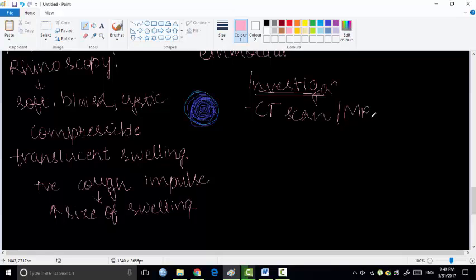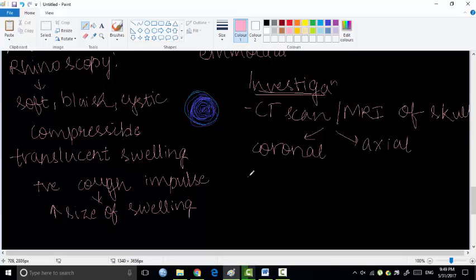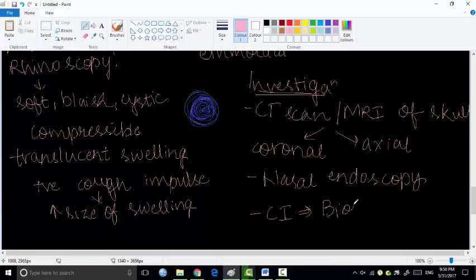You can do any one of them, of the skull basically, and you can do both coronal and axial cuts, and you can also ask them to get nasal endoscopy done. And what is the contraindication? Biopsy should never be done. Remember that. Never and never should you do biopsy.